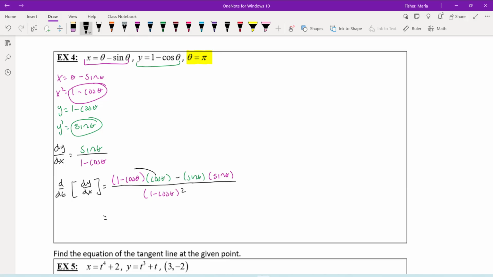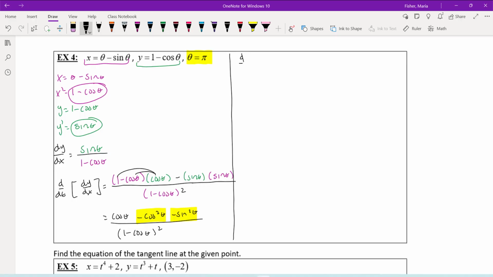If I distribute here, I'd have cosine of theta, and then minus cosine squared theta, and then minus sine squared theta, all over 1 minus the cosine of theta squared. Notice that both of these guys are negative, so I can factor a negative from them.